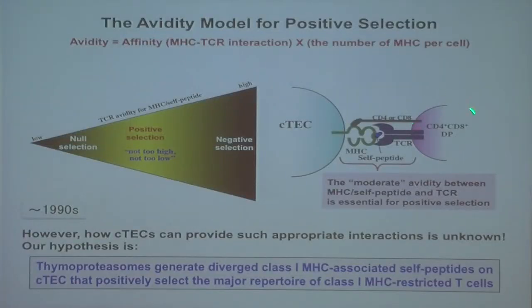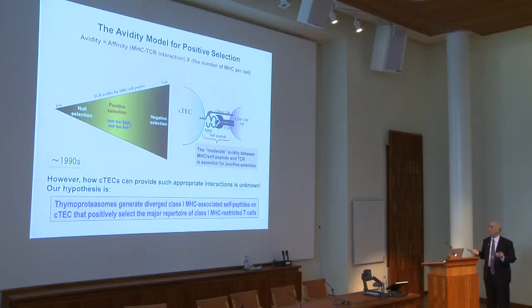So the double positive cell exposes its T cell receptor outside and interacts with the cTEC. If the double positive cell has a non-functional TCR, over 90% of double positive cells die by apoptosis, by so-called null selection.